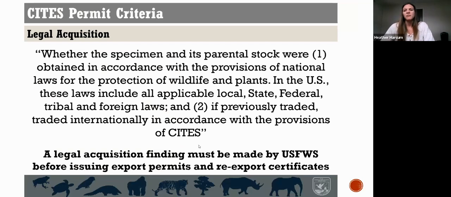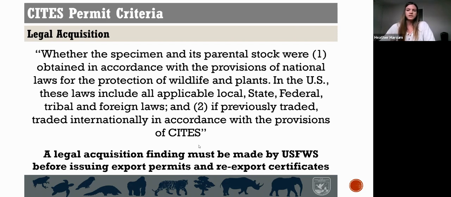All right. The basic CITES permit criteria for legal acquisition in our Code of Federal Regulations states that legal acquisition is whether the specimen and its parental stock were obtained in accordance with the provisions of national laws, and that those national laws include state laws. So I just wanted to state that it is important for us to collaborate and work together, because that does include all local, state, federal, tribal, and foreign laws that must be met in order to meet that legal acquisition finding.